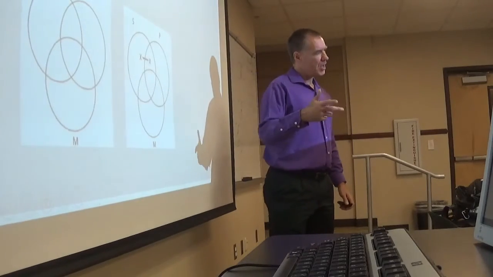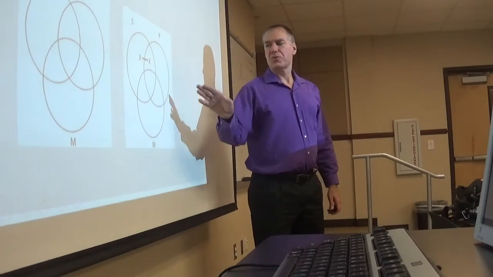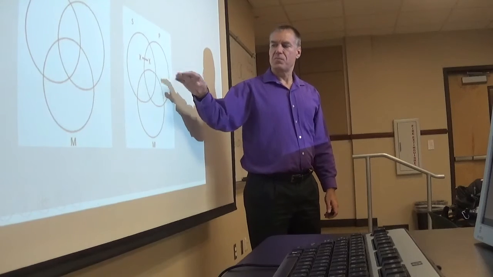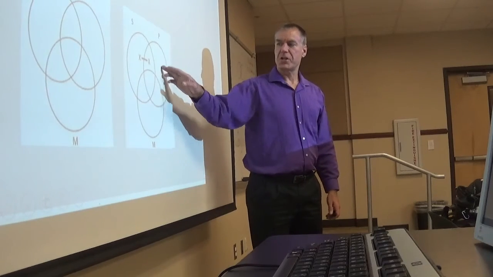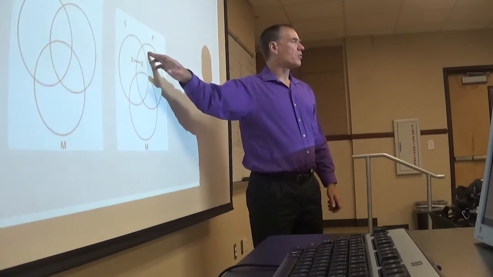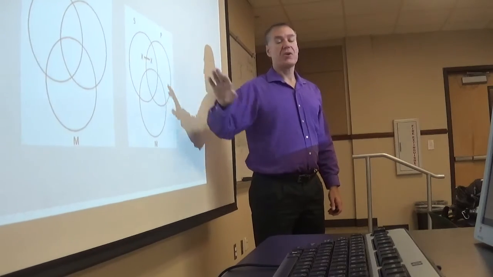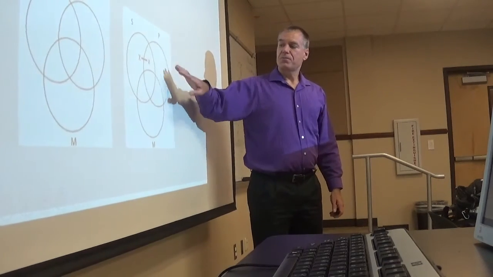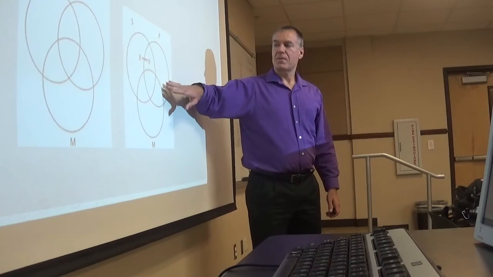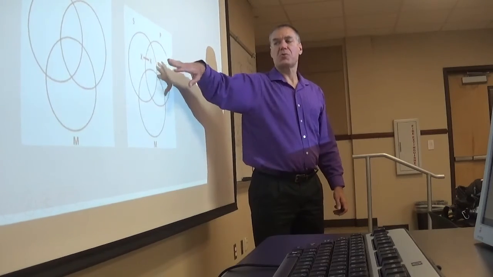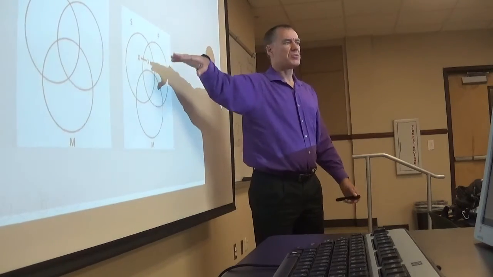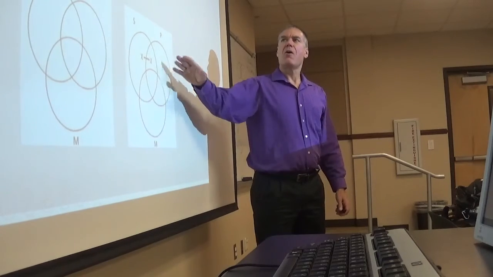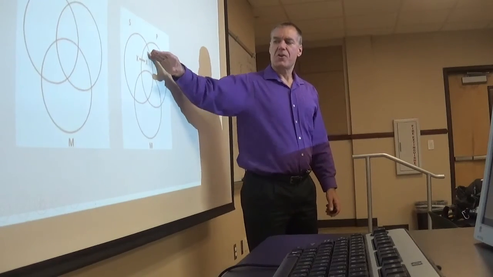And again, when we shade, we ignore the third circle. So we want to show that all P are M, so shade, shade, shade. Then we hit the border of the S circle. And if we stop there, we'll be saying all P are M, but also some are S too, but we haven't got that. We've got all P are M. So we shade on through.